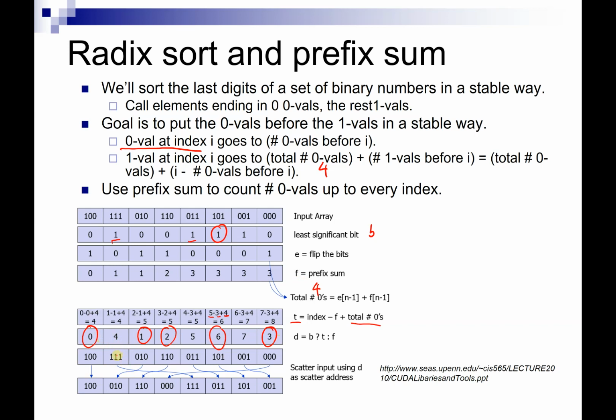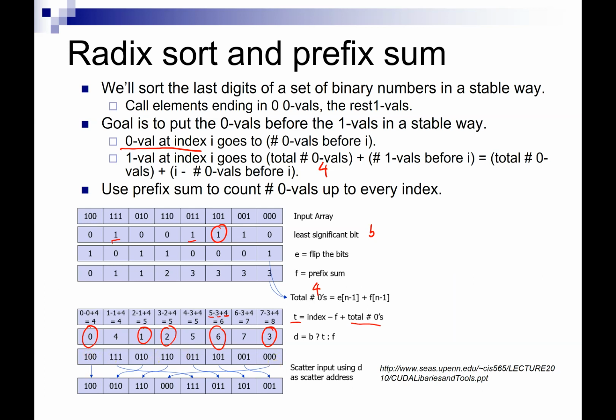For example, it tells you that the second input value, 1, 1, 1 over here, needs to go into position 4 in the final sorted order. This guy over here needs to go into position 1, so we're just going to move him to position 1. By computing these D values, we can determine the final position for each of the input values.